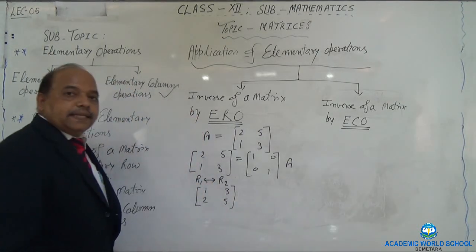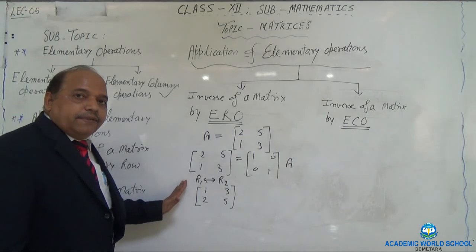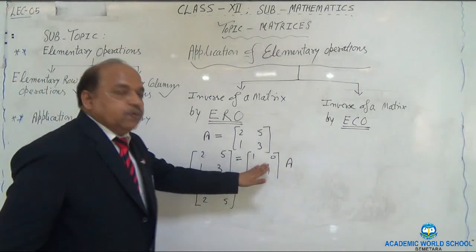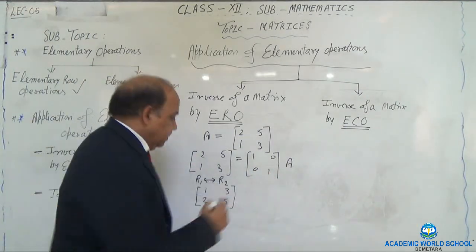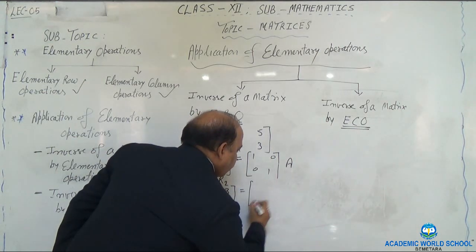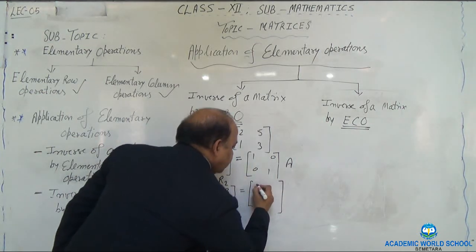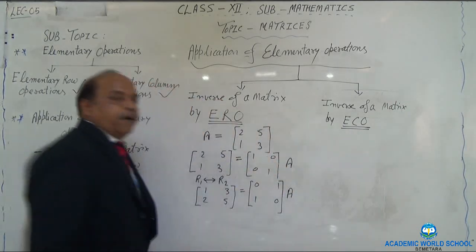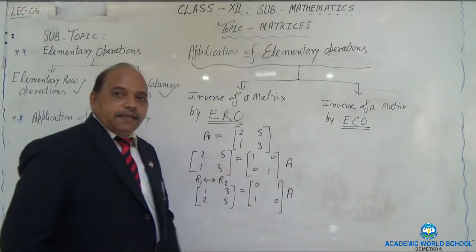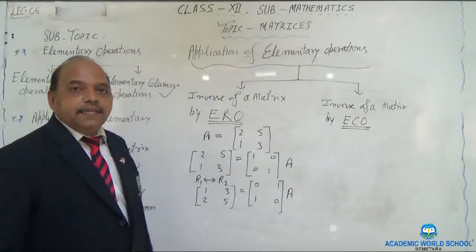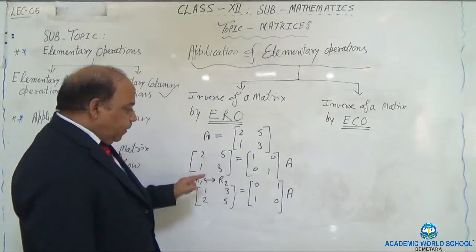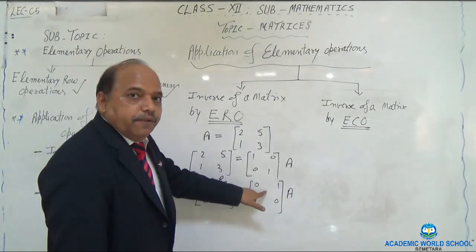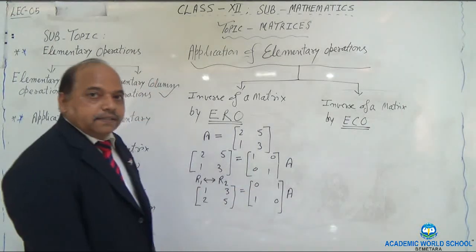We have interchanged that. Whatever you have done to this one, same thing you are supposed to do for this matrix. So, let's do that. Over here, also it will be changed: 0, 1, 1, 0, and don't touch this part A. Please understand what we have done. We have interchanged. Whatever we do with the left hand side, same thing we will do with this matrix.